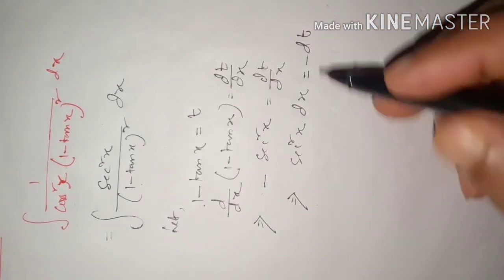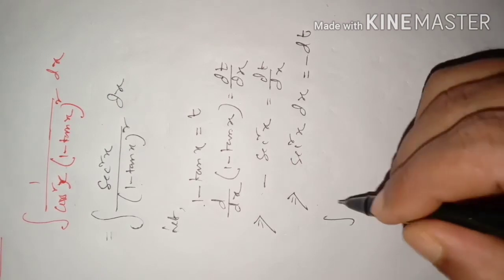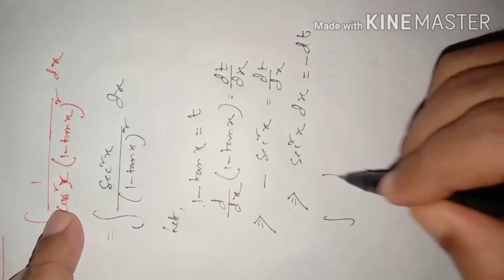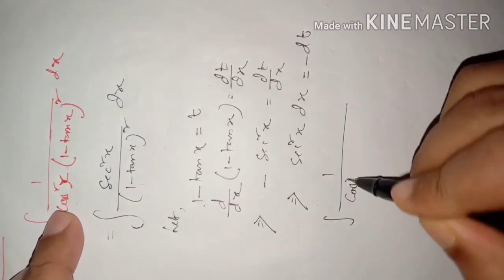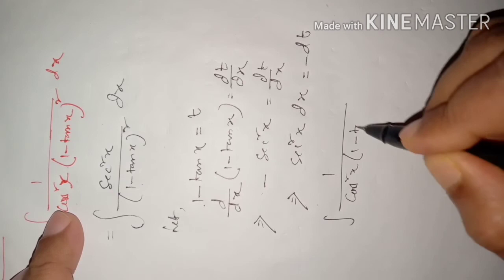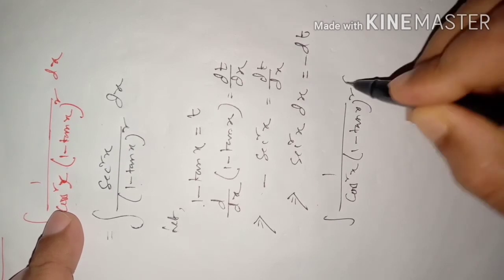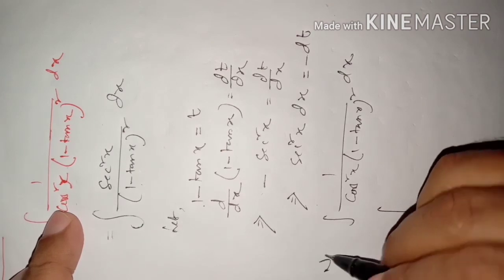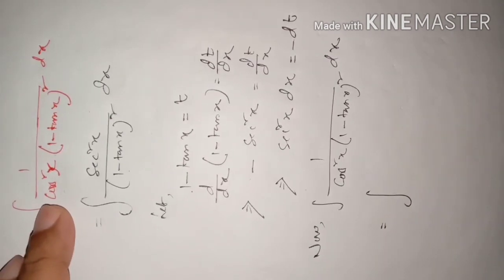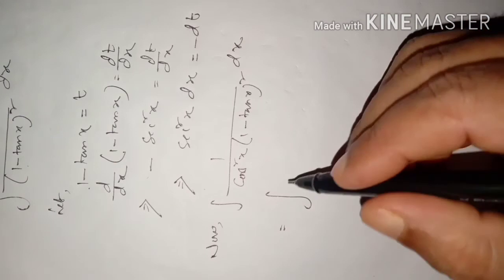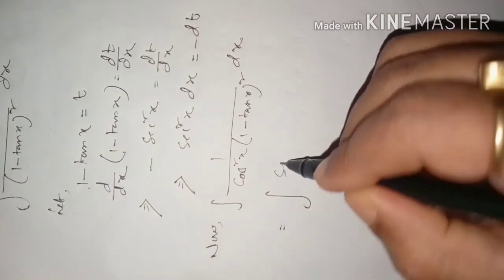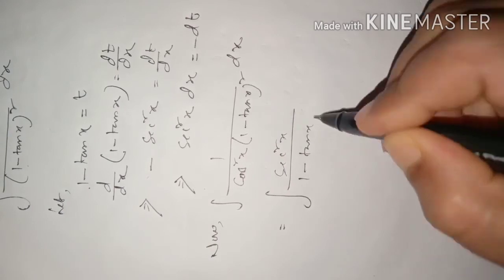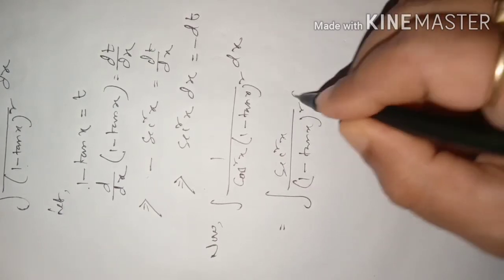So the original problem now will look like this: integration of 1 by cos square x into 1 minus tan x the whole square dx can be written as integration of sec square x divided by 1 minus tan x the whole square dx.